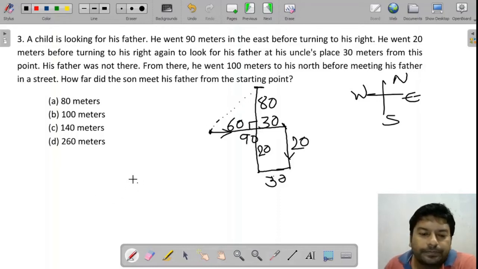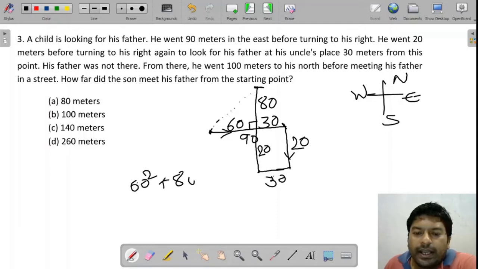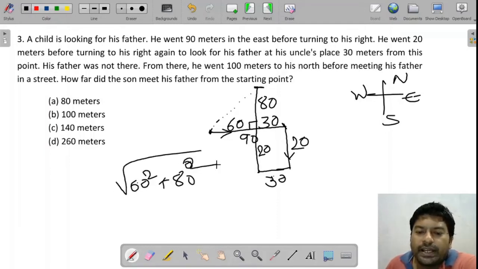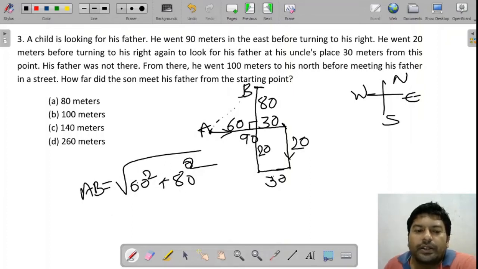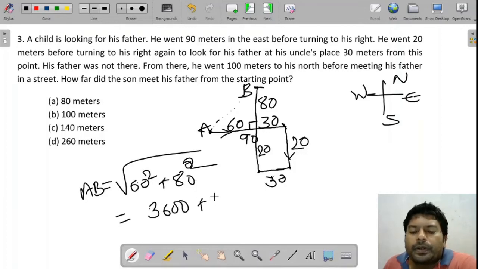We know that the square root of 60 squared plus 80 squared will give us the distance. Let us say this is AB. So AB is equal to the square root of 60 squared plus 80 squared, which is 3600 plus 6400.